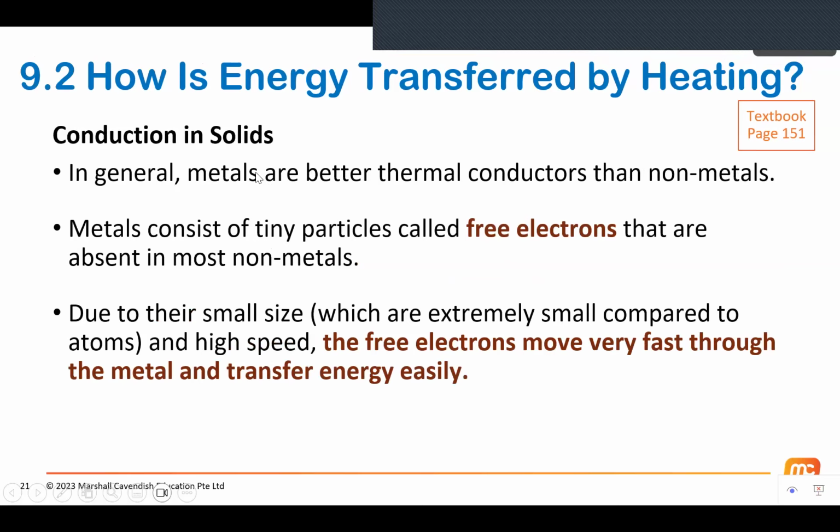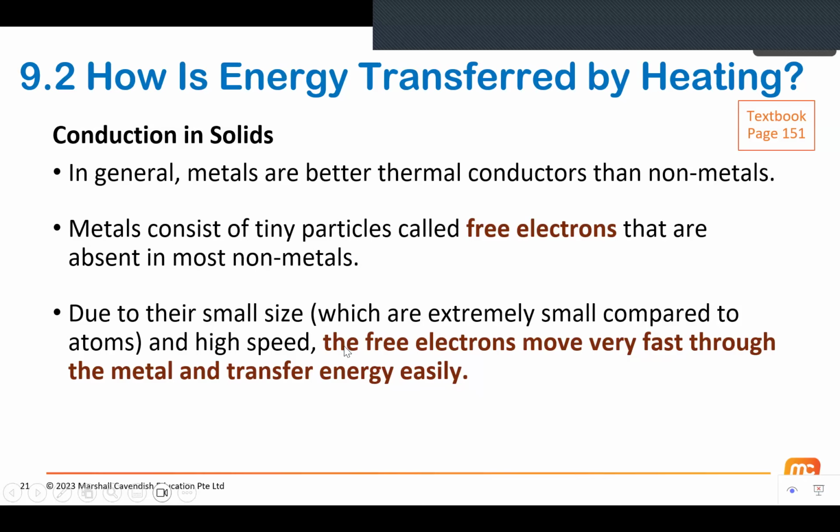Best thermal conductors. Why? Because in metals, not only are the particles very closely packed together, so the energy can be transferred from particle to particle faster, there are also what we call free electrons, or delocalized electrons, or mobile electrons. When heated, these mobile electrons also gain kinetic energy, but instead of waiting to be passed on by vibration to the neighboring less energetic particles, your free electrons can move.